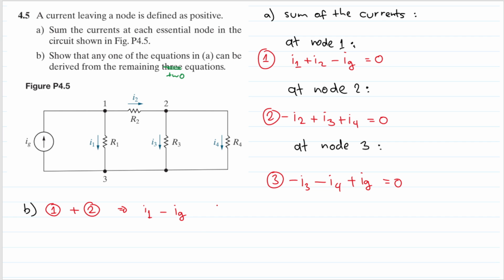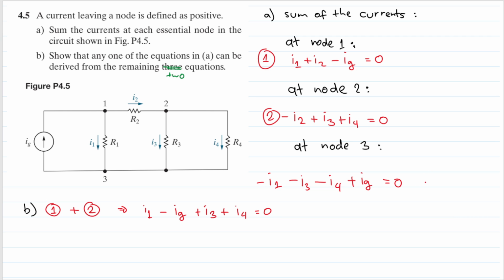And then we will have plus I3 and plus I4, and that will equal 0. Oh, I missed one more current here. I1 also goes in, so I'll have minus I1.